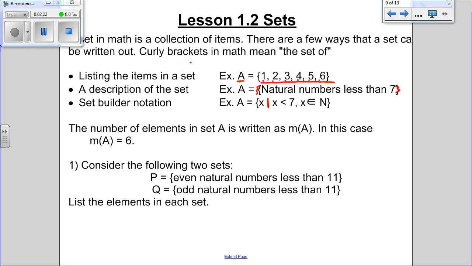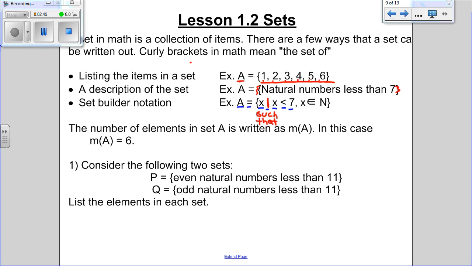So when you see that bar, it means such that. If you were to read this third thing, it would say set A is X such that X is less than 7.